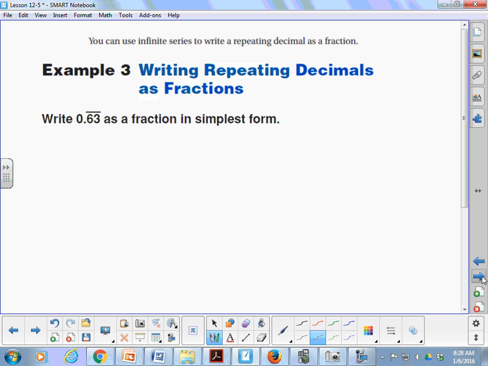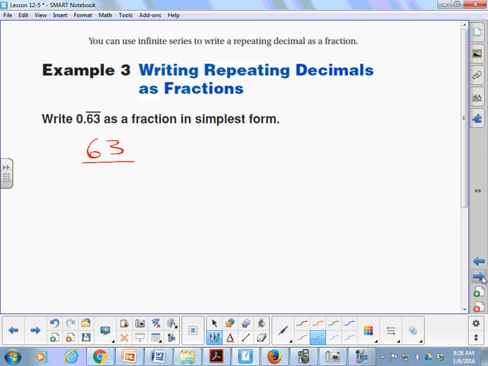All right. How many numbers are repeating here? 2. Okay, 6 and 3. So to find the simplest form of this repeating decimal, we take 6 and 3 and put it over the number of 9s. Let me rephrase that. However many numbers repeat, you use that number of 9s in the denominator.